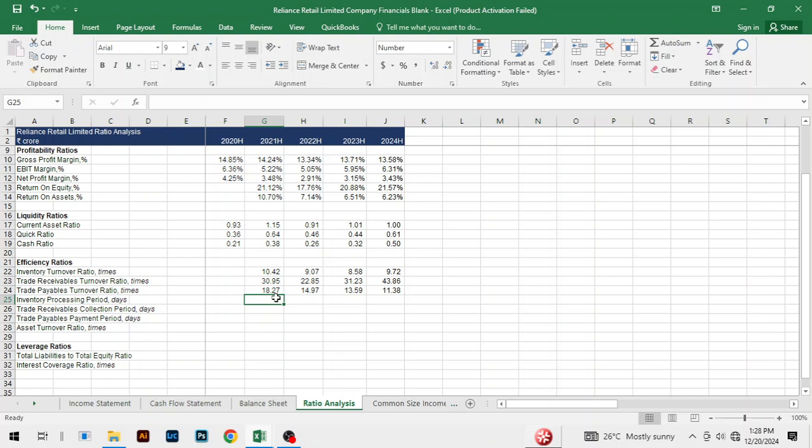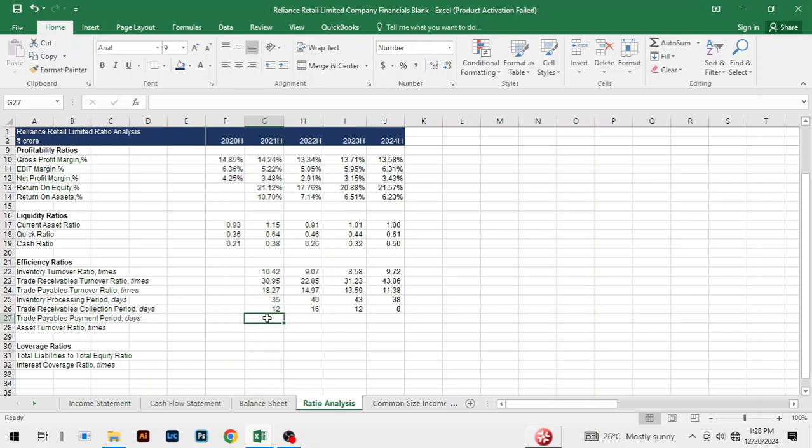Once we are done computing this, we now want to see how many days the company takes to process inventory or to order inventory, right? So here we use 365 divided by the inventory turnover ratio. So yeah, we can see almost a month. And here we do the same, we divide that here, and then we copy that right through.